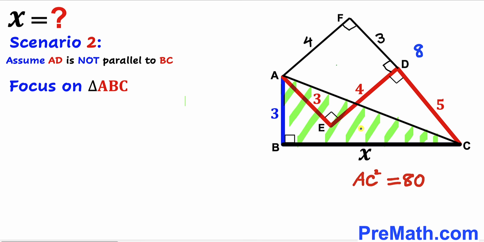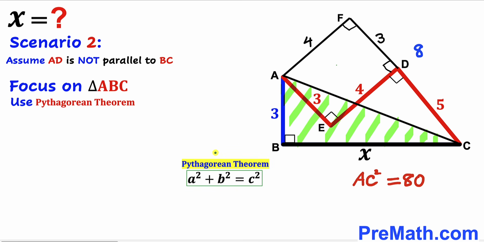Now we are going to focus on this other right triangle ABC, and apply the Pythagorean theorem on this triangle as well. Here's our Pythagorean theorem once again: a square plus b square equal to c square. In our case, our hypotenuse is side AC, whereas our two other legs are x and 3.